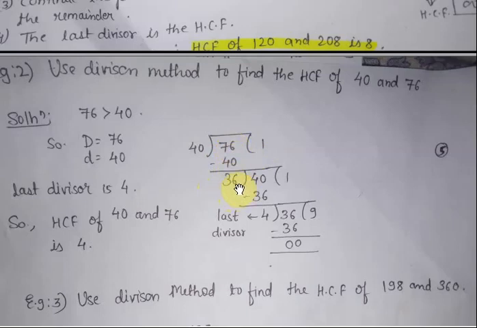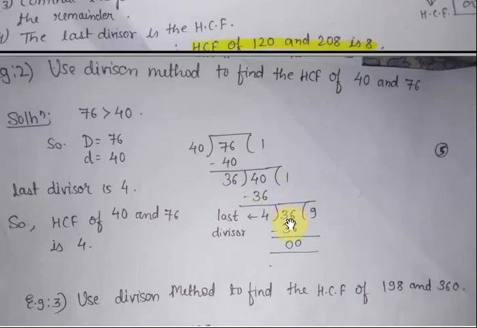This 36 will act as a divisor and 40 will act as a dividend. Now 36 divides 40 one time to give the remainder 4. Now the remainder acts as a divisor and the divisor as a dividend, till we get 0. We have to repeat this process.